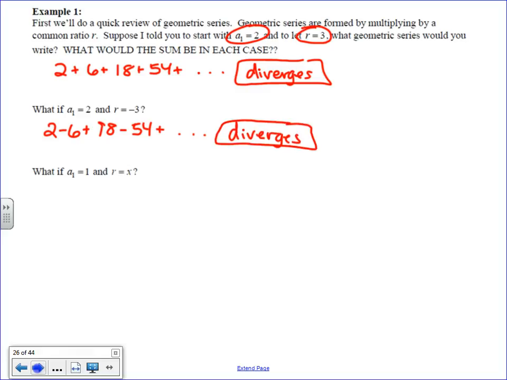How about the bottom one? Converges sometimes.